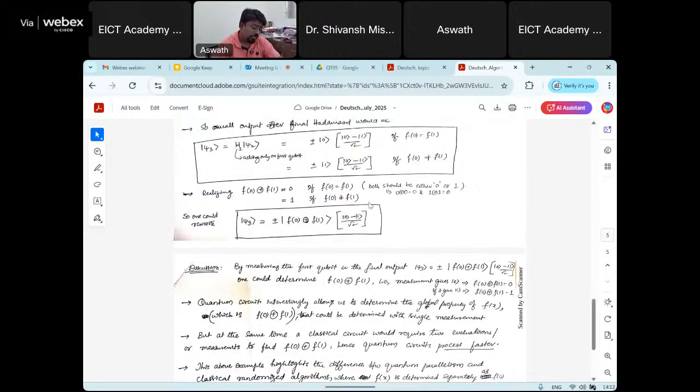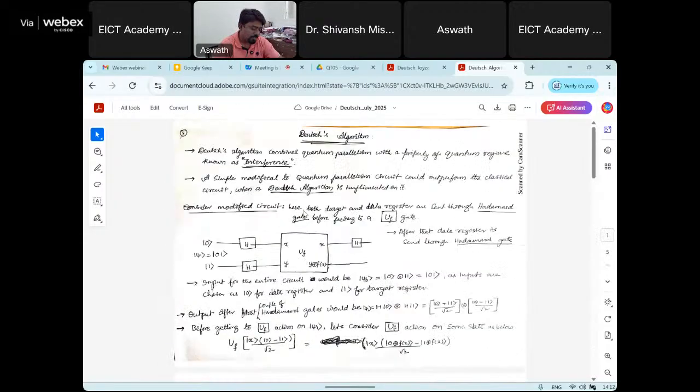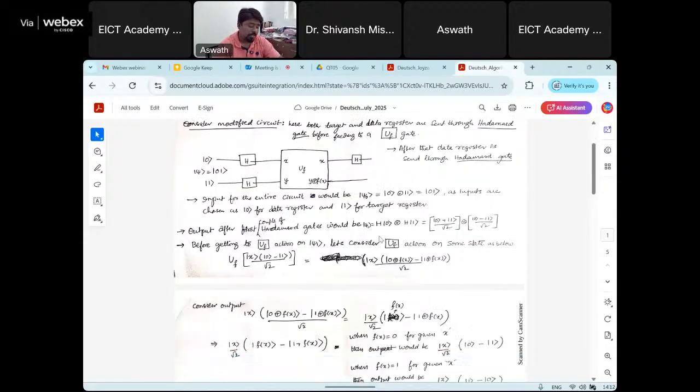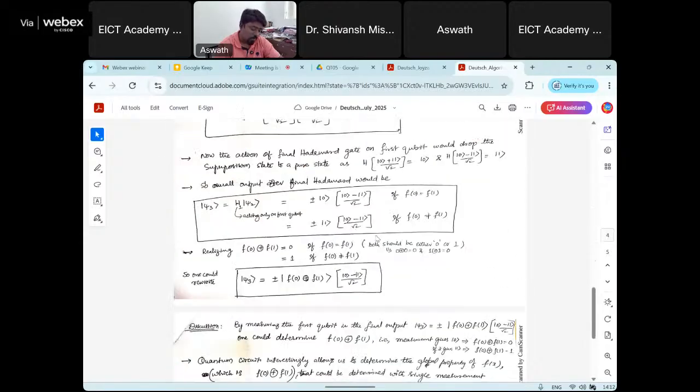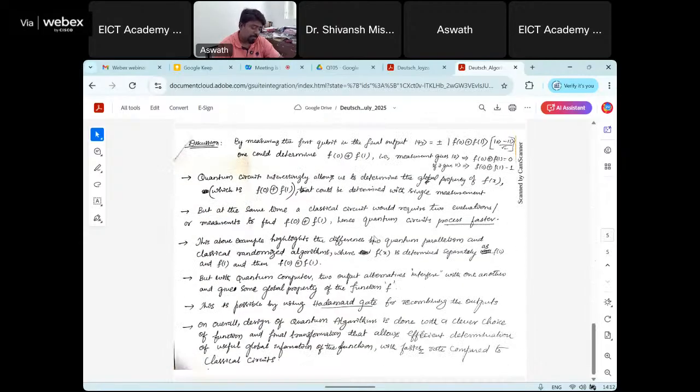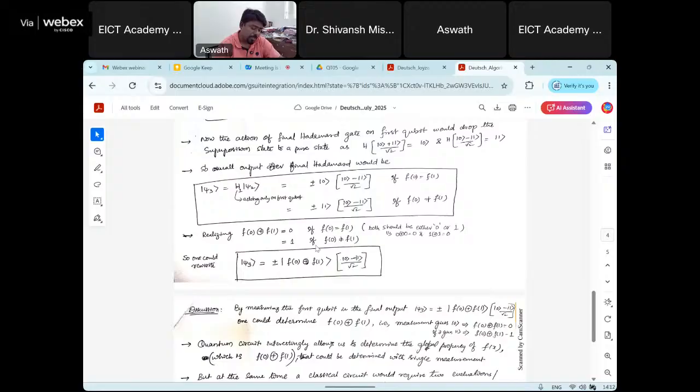What you see in the final box, just by reading or analyzing the query register, the top one, right? Once it comes out, by just reading the query register's information, we can make out the f of x value and f of x plus some other f of x values. The target register is there as it is.